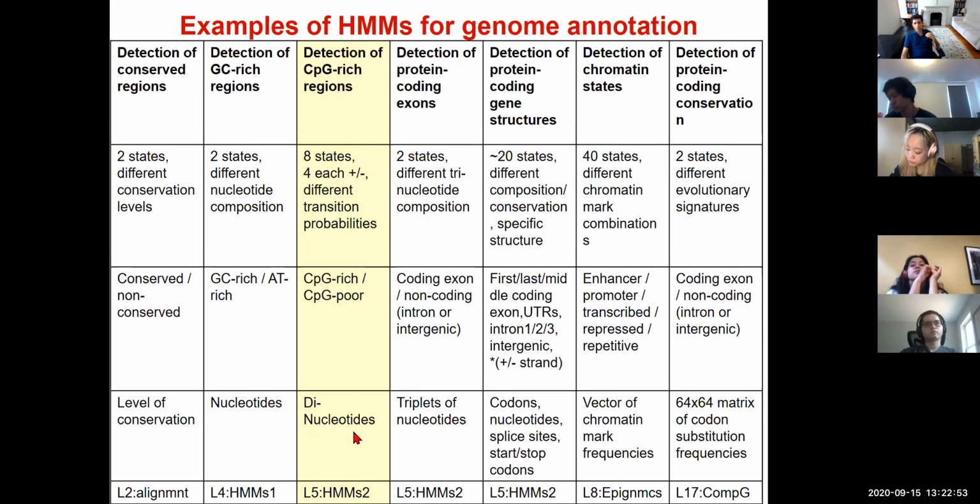Now, let's talk about how to detect dinucleotides. So right now, we want to actually increase the memory of our system. But I've just told you that hidden Markov models and the Markov chains that they're based on are memoryless. So how can we increase the memory of a memoryless system?